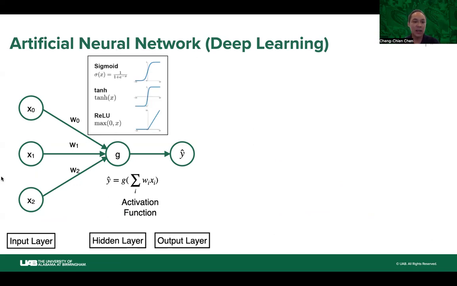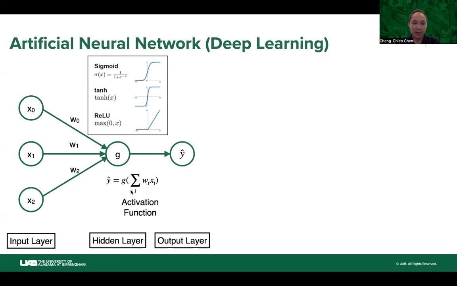Here I'm showing a very simple neural network architecture. Basically we have something called the input layer. These are basically our feature vectors, and you multiply these input features with some corresponding weights and provide them to our hidden layer.